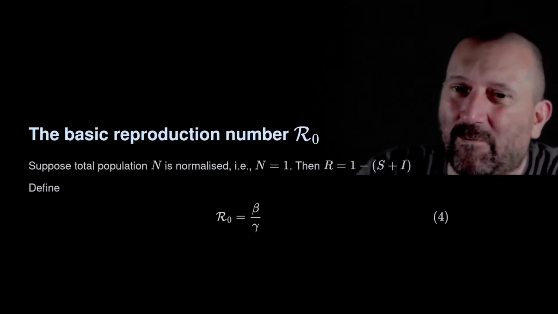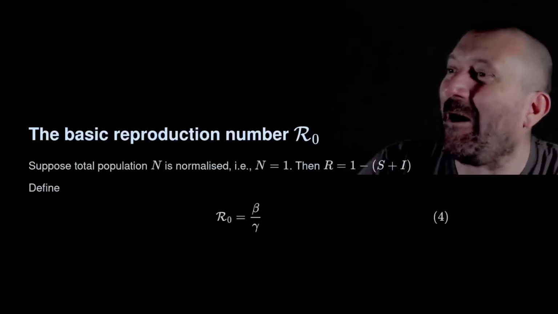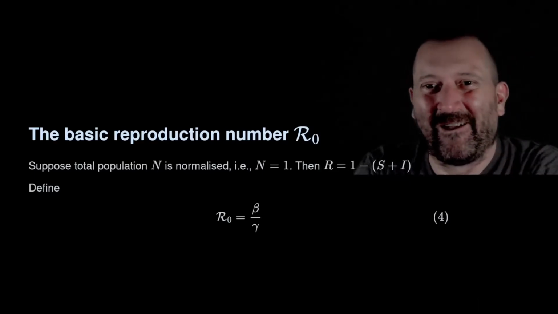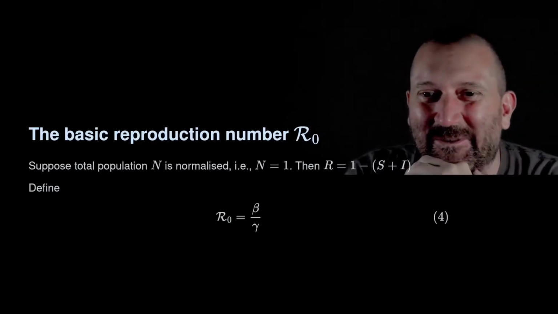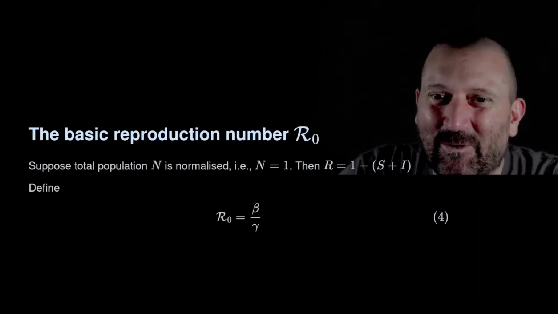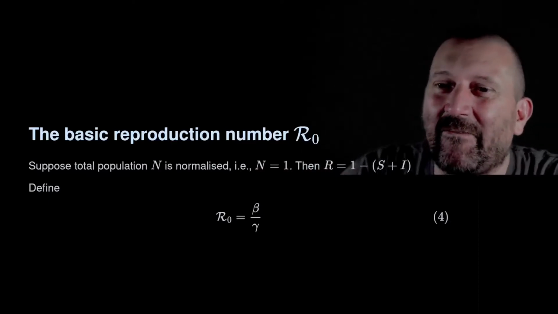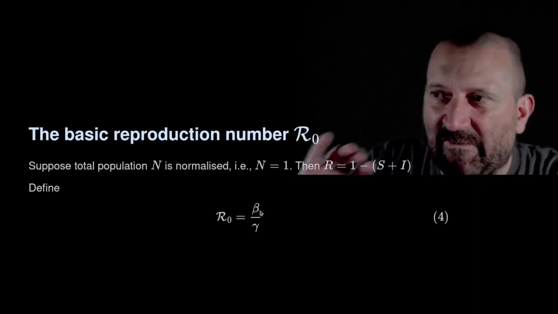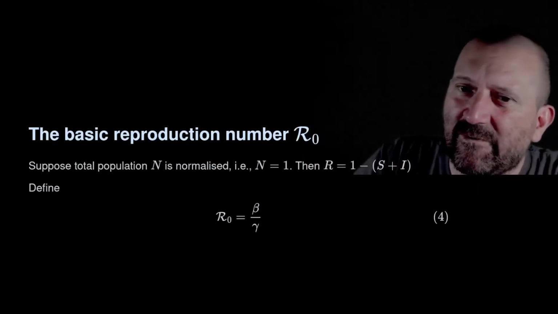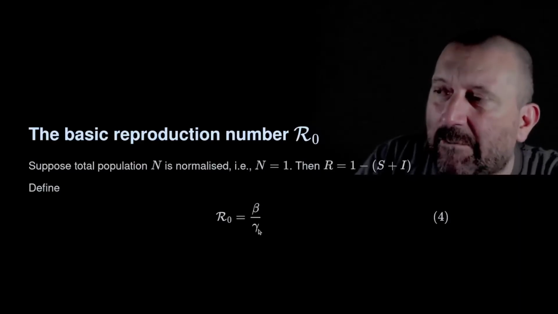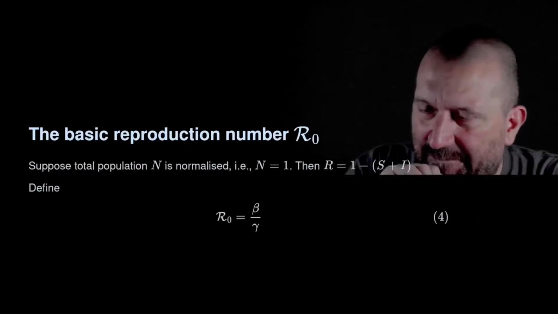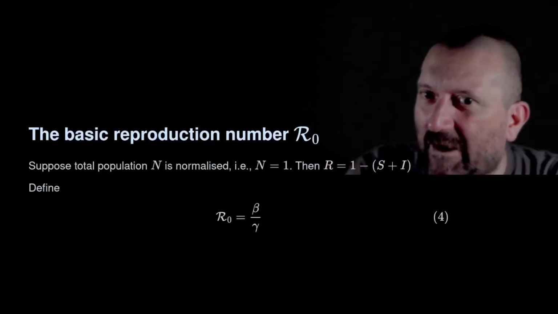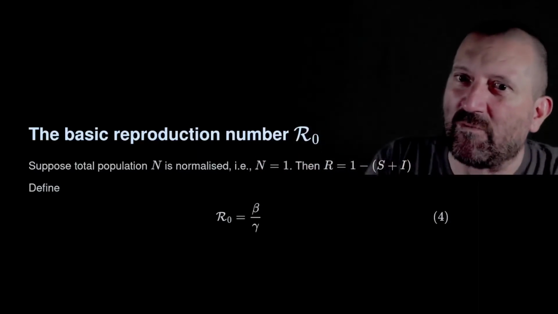Now everybody, thanks to COVID-19, has heard about the reproduction number, but that's how it's defined in this particular case. It's the ratio of beta, the infection coefficient, and gamma, the rate of removal.